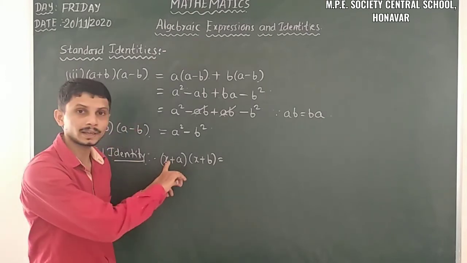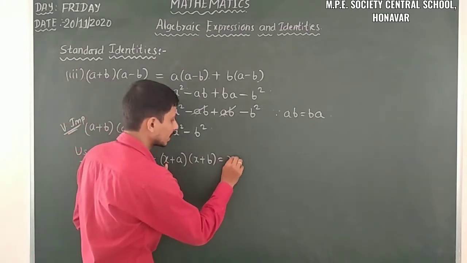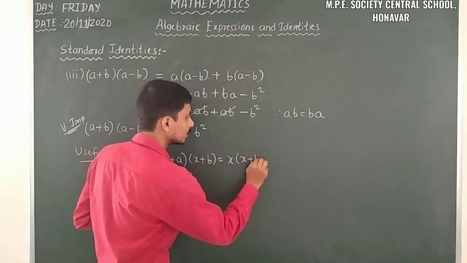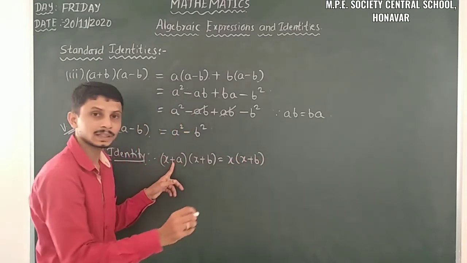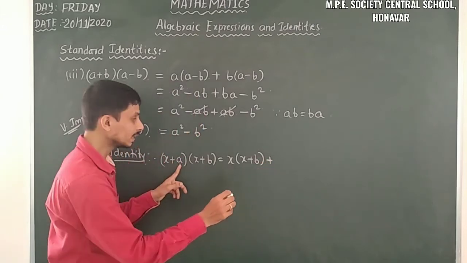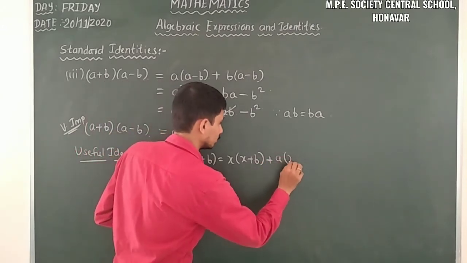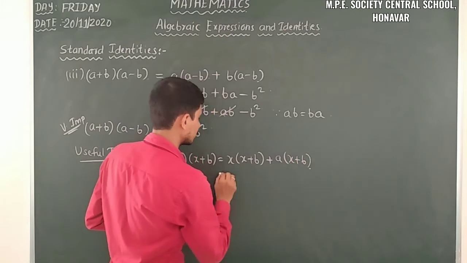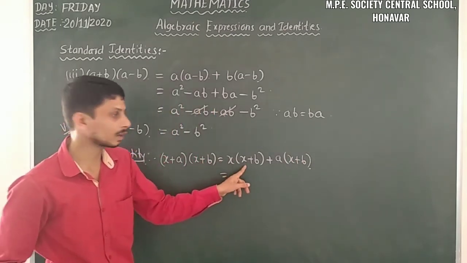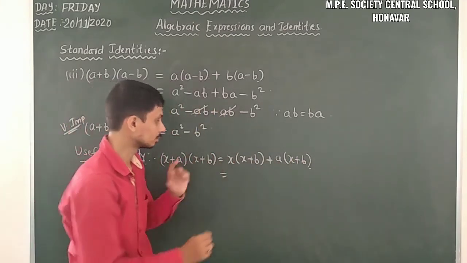Firstly we multiply x with the binomial, x into (x plus b), followed by addition, then plus a into (x plus b), a into (x plus b) here. Then monomial times binomial, monomial times binomial.